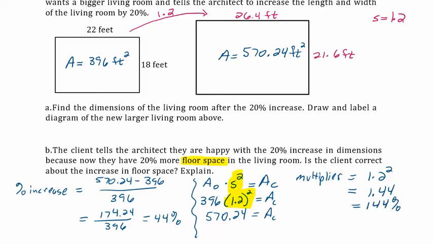If you have a multiplier of 144%, that's a percent increase of 44%. That is what was added on to the 100%. All right, so we could have come up with the percent increase in floor space by simply doing s squared. That's kind of neat. To find the percent increase in area, just do s squared, subtract off 100%, and that's your percent increase.